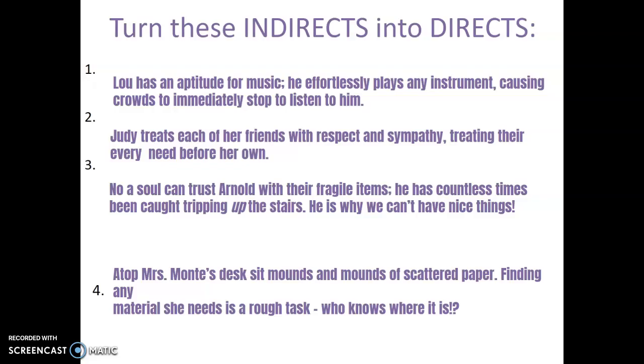We get a lot of extra details. There's 4 different examples here. I want you to go through each one, and I want you to write a sentence using direct characterization that tells me, based on this indirect characterization that I gave you, what type of character Lou and Judy and Arnold and Miss Monte are.